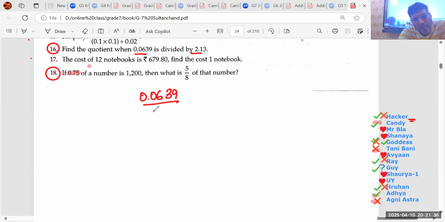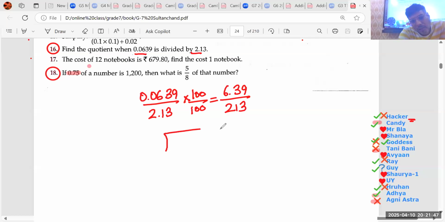I'll multiply by 100 by 100. So I will get 6.39 divided by 213, so 639 by 213. Now, I cannot divide this 6 and I got a decimal, so I will put a decimal here.